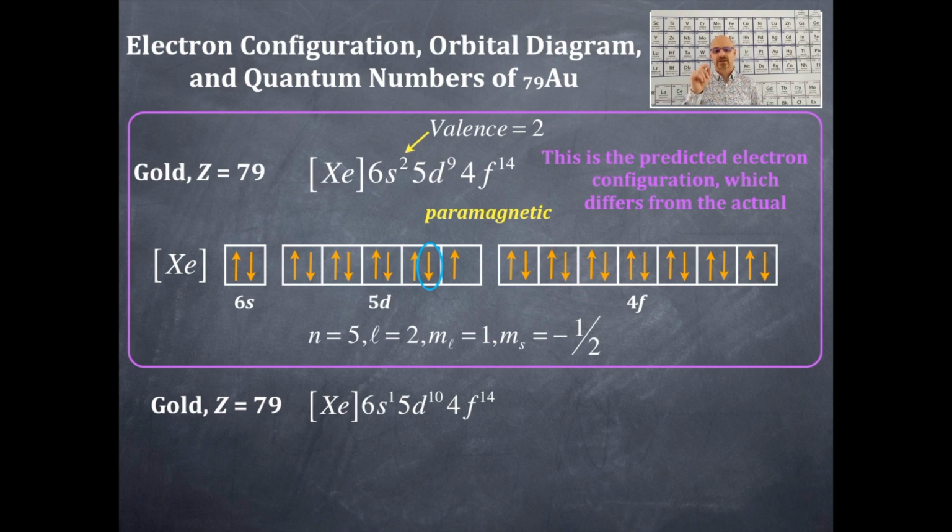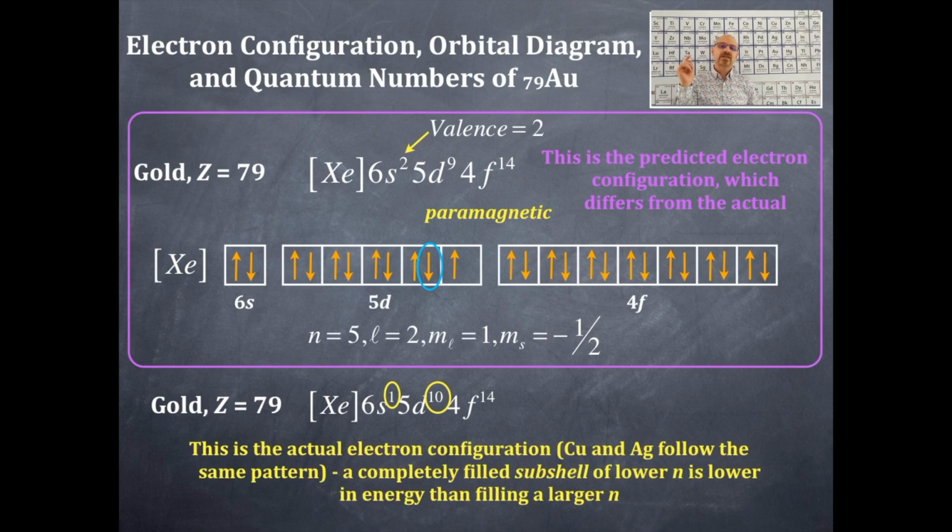So it's going to be 6s1, 5d10, 4f14, because that 5d orbital is interior to the 6s, which is outside. And having a completely filled interior orbital is lower in energy than having it almost completely filled and having 2 electrons on the outside. Okay, so notice that I've circled that. This is the actual electron configuration for gold.